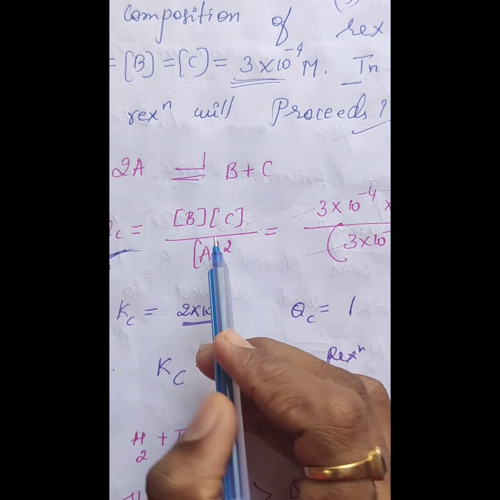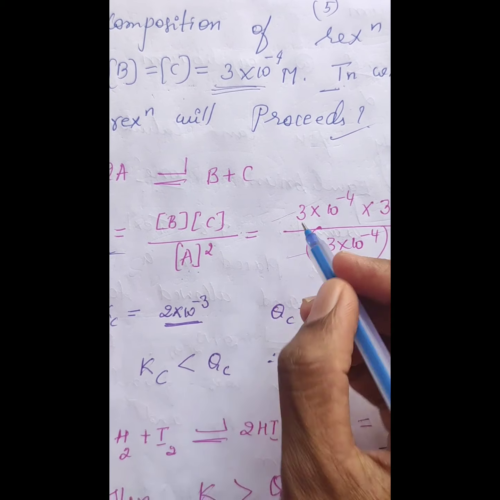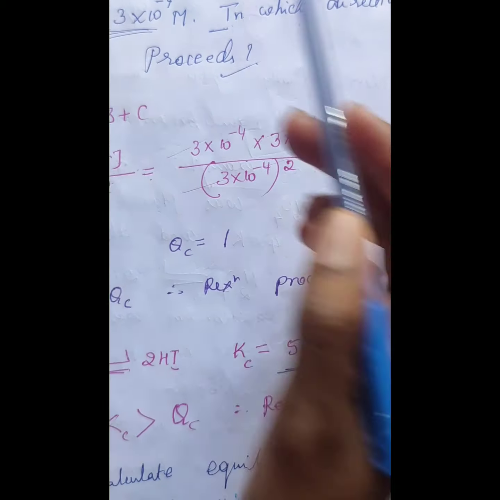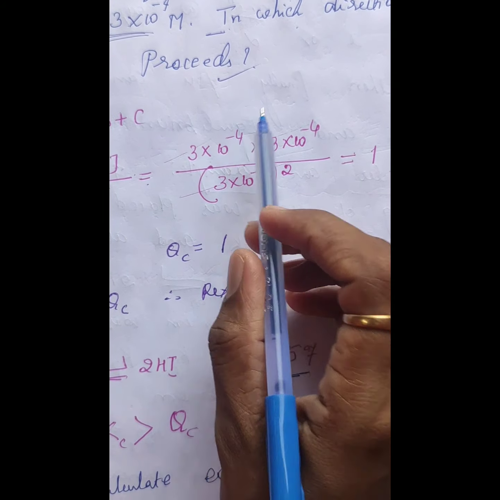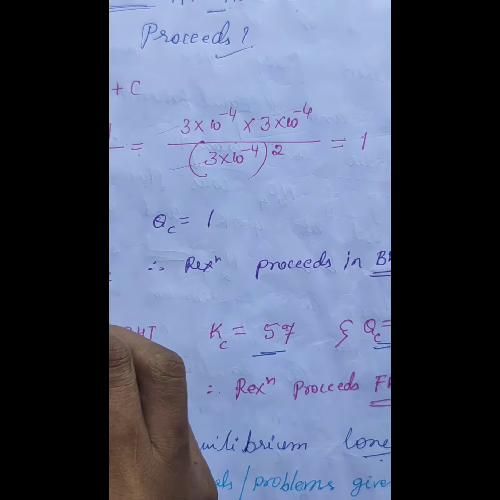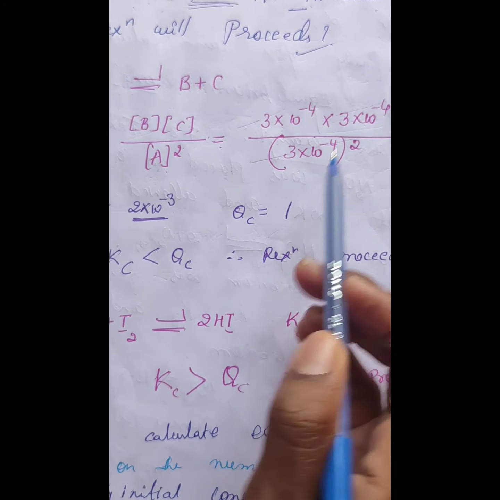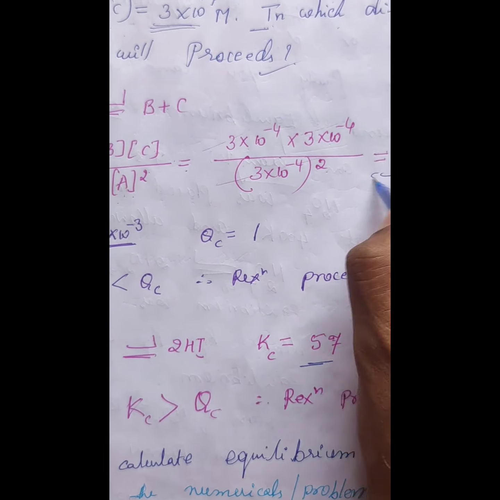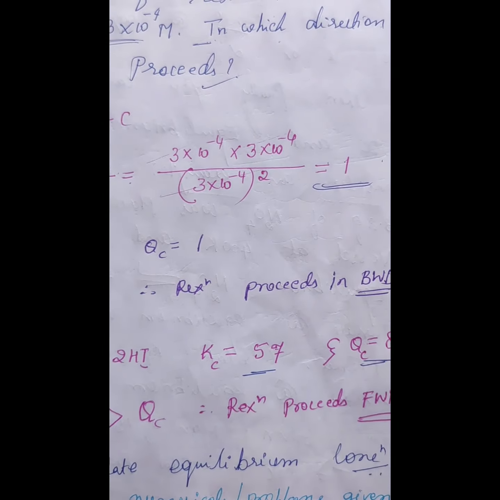A is 2 mole, so to the power 2. Substitute the value given. For all these, the value will be the same, 3 into 10 raised to minus 4, concentration of B, similarly concentration of C, similarly concentration of A to the power 2. So all these get cancelled and become equal to 1. So children, Qc value becomes equal to 1.